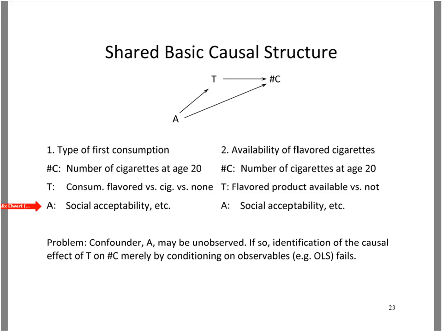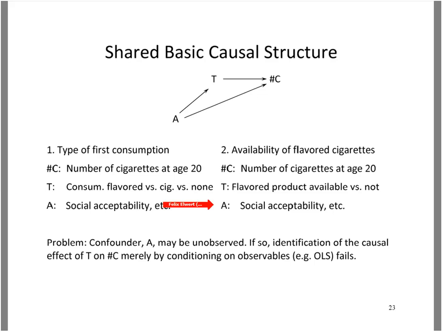In both cases, that confounder may be the social acceptability of smoking in general in that community. In the first scenario, social acceptability of smoking might differentially push youth into smoking normal cigarettes or flavored cigarettes versus not smoking at all. And insofar as they stay in the same community or are socialized in that community, it will of course also affect how much they smoke at age 20.